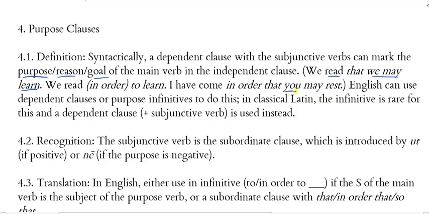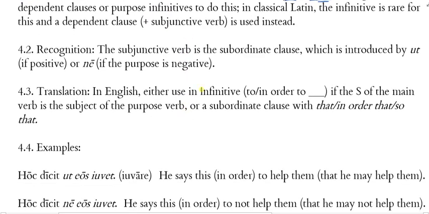And here I've got a different subject that is doing the verb may rest here, and this expresses the purpose for my coming. Now, English can use dependent clauses or purpose infinitives to do this. In classical Latin, the infinitive is rare for this, and instead a dependent clause plus a subjunctive verb is used instead of that.